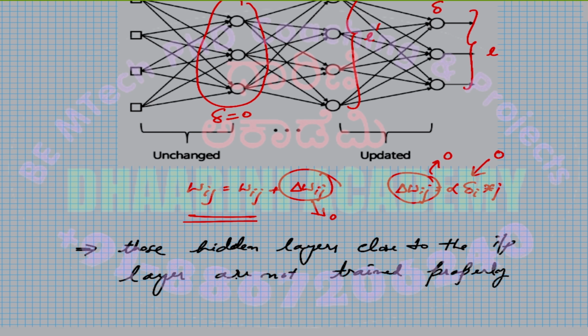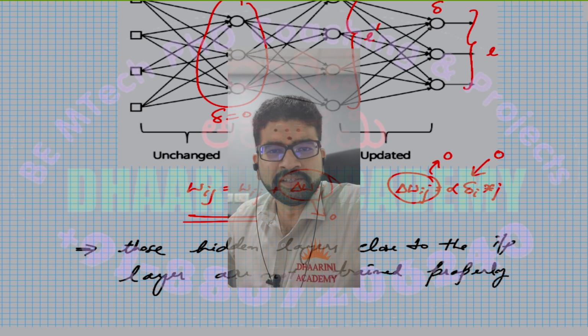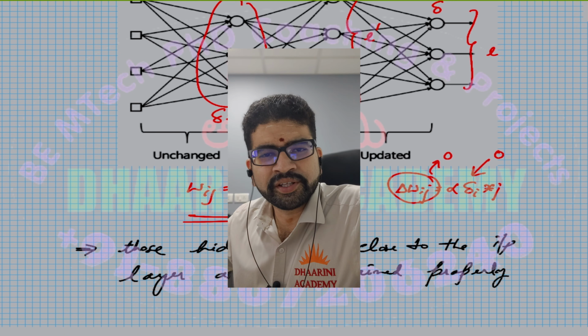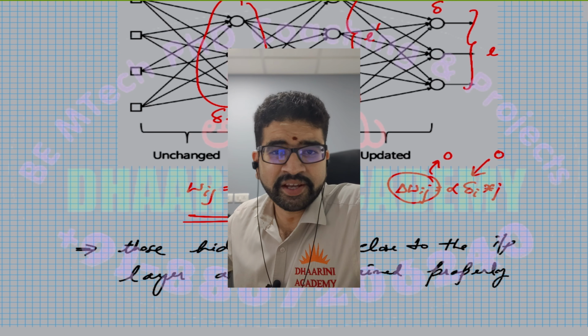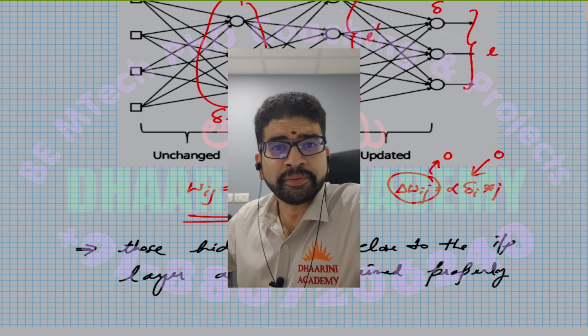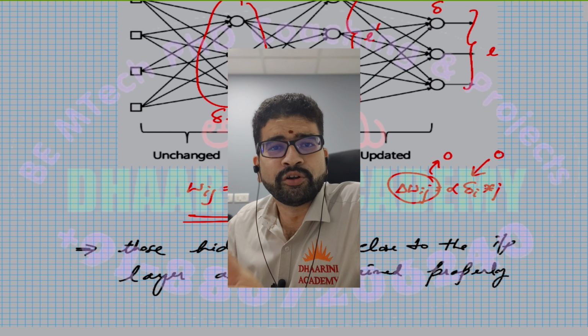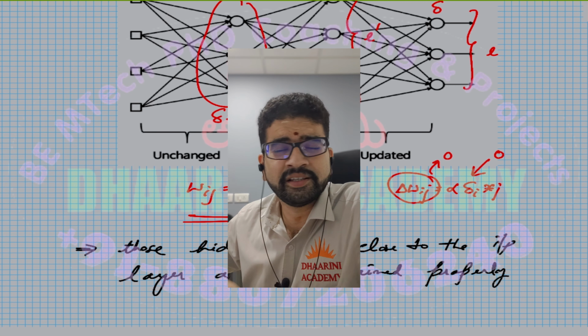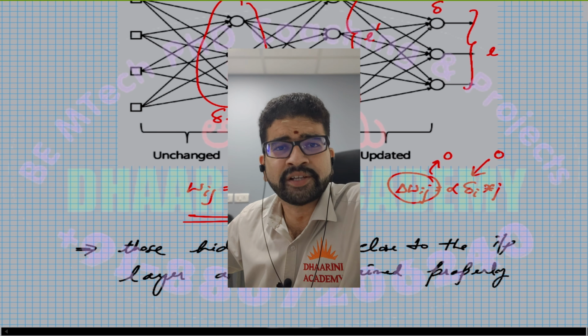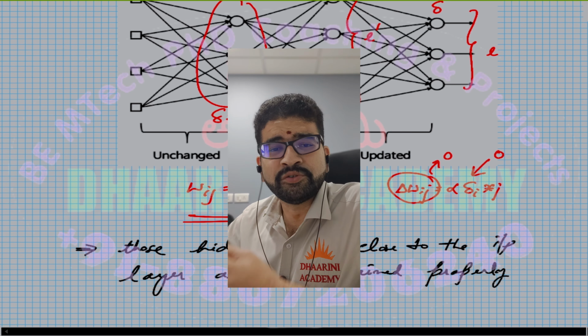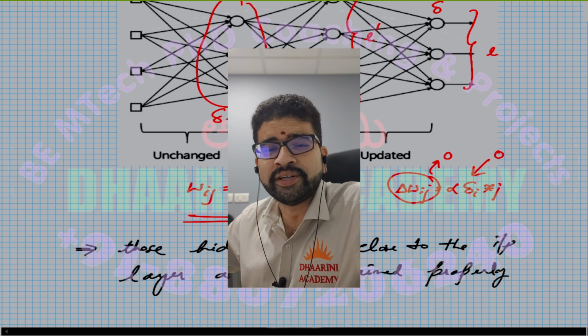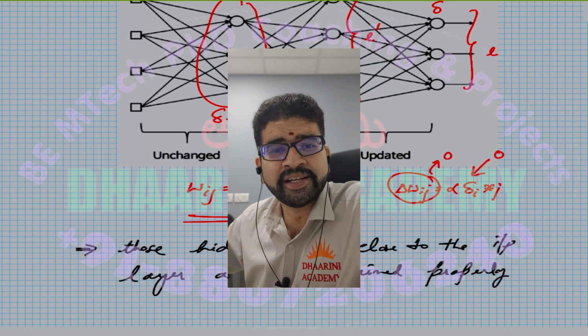Right? So now you see, once this happens, even if you increase any number of hidden layers, is there any effect? There will be no effect, because I keep on increasing the hidden layers, but the weights are not getting trained at all, right? The delta value is not getting updated, so the weight will not update. So there is no meaning in increasing the number of hidden layers. This is the first point which they identified.